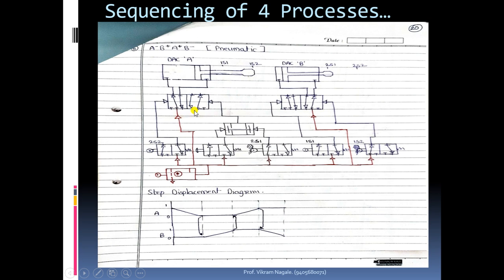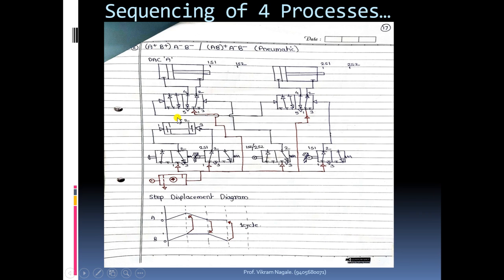You can see here the AND's output is given on one side to start this process. So here that output is divided into two in this way. Now which two processes should be started at the same time? A plus and B plus.